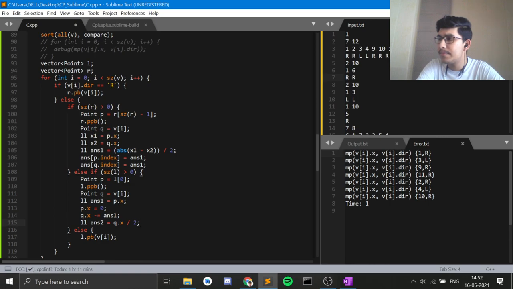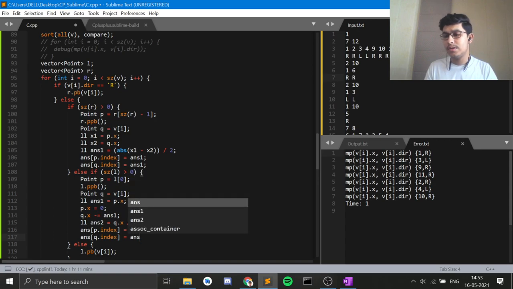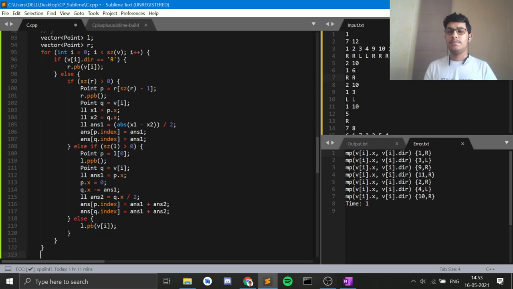And since they're of the same parity, it should actually, yeah, this is fine. Answer at P dot index equals to answer 1 plus answer 2, and answer at Q dot index equals to answer 1 plus answer 2. Okay.